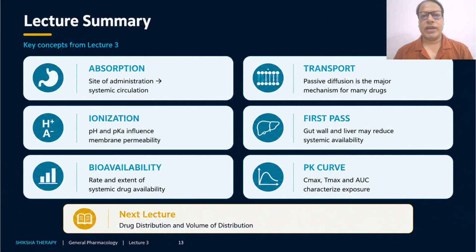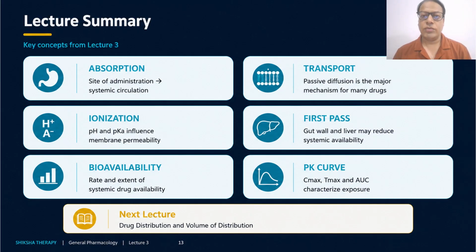Let us quickly summarize today's lecture. Drug absorption is the movement of a drug from its site of administration into systemic circulation. Drug can cross membrane by passive diffusion, facilitated diffusion, active transport, endocytosis and filtration. But many of the drugs cross membrane by passive diffusion mechanism. Drug absorption is influenced by pH, pK and ionization, lipid solubility and physiological conditions.